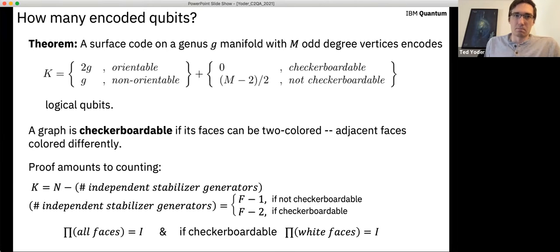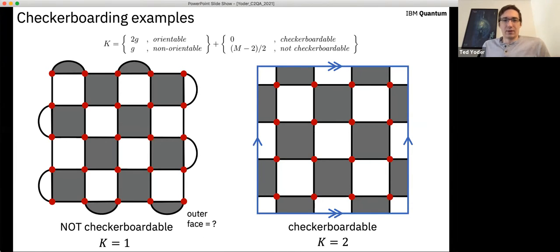Right. So okay, let's look at some examples here. Both of these, the example on the left is not checkerboardable. Why is that? I mean, it kind of looks like it should be.